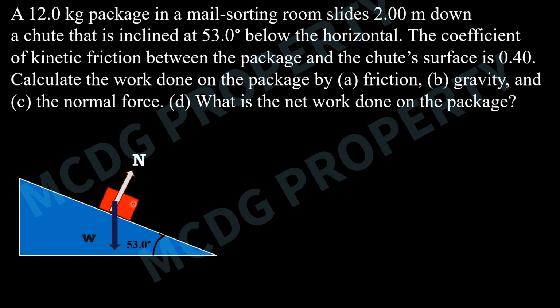You have the weight, the force exerted by the earth on the package, and it is directed downward, and the force of friction. In this particular case, it's kinetic friction because the package is in motion, and it is opposite to the direction of motion. So these are the forces acting on the package.